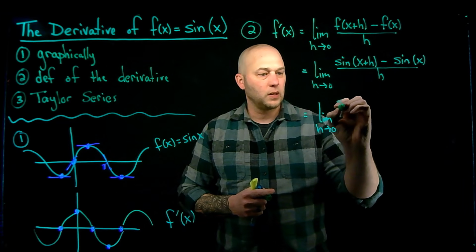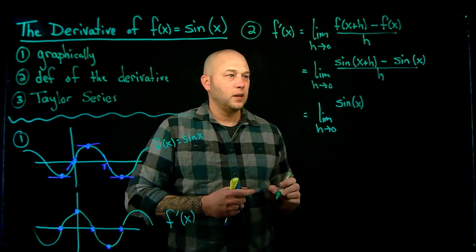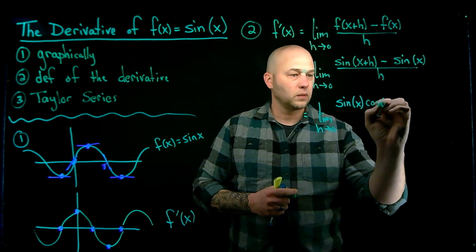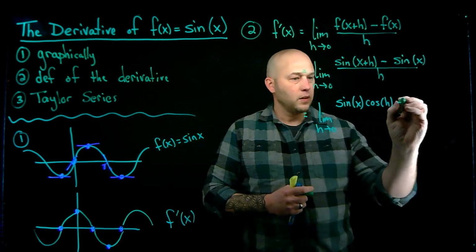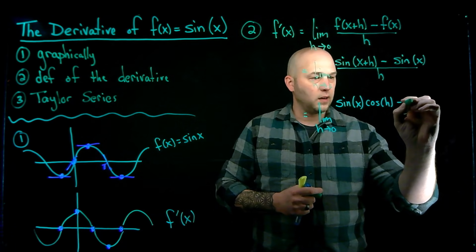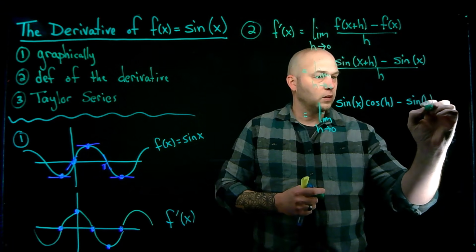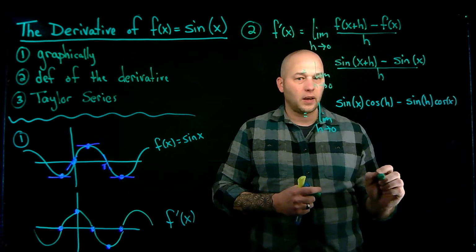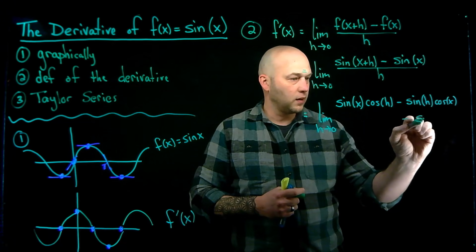So it's going to be the sine of the first angle, and then it is the cosine of the second, minus, hopefully I have enough room here, the sine of the second angle, cosine of the first, and then I guess I'm going to have to squeeze this in here, so I'm just going to say minus sine of x.